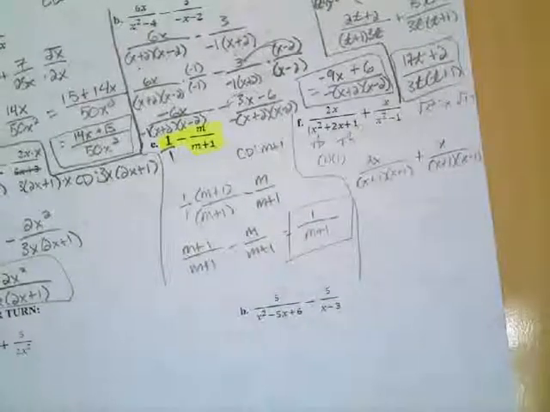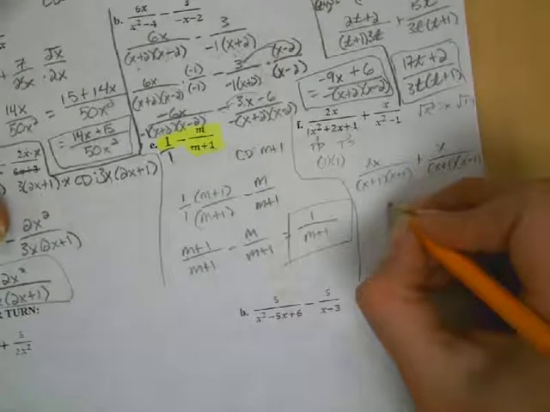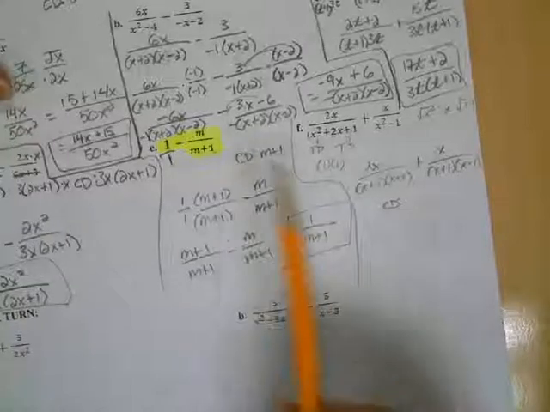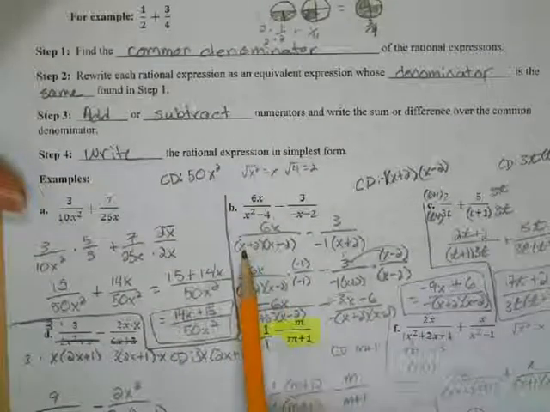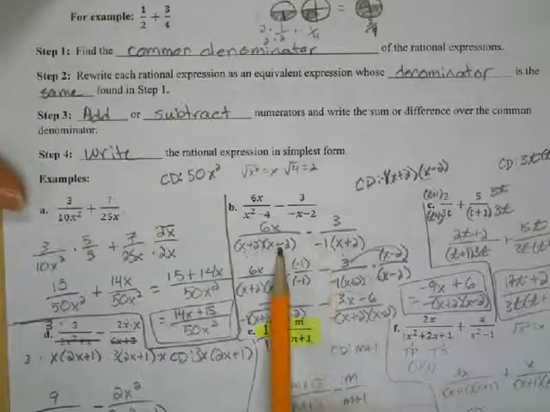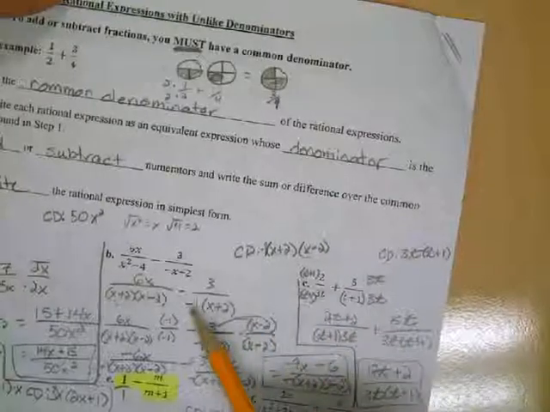Now here you have to be very careful, because it's going to be a little bit different when you talk about your common denominator. Typically, say for instance back up here on B, I had an x plus 2 in both, and I had an x minus 2, so my common denominator was just the x plus 2, x minus 2, and that negative 1.